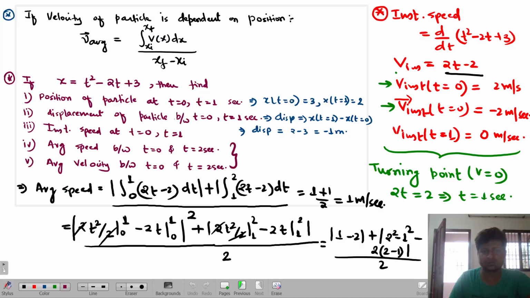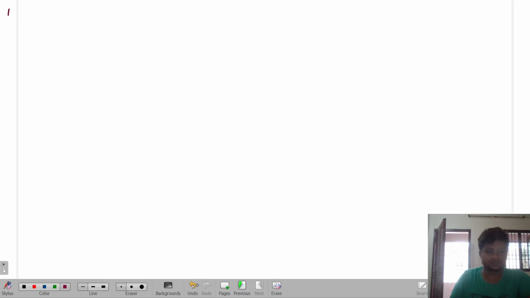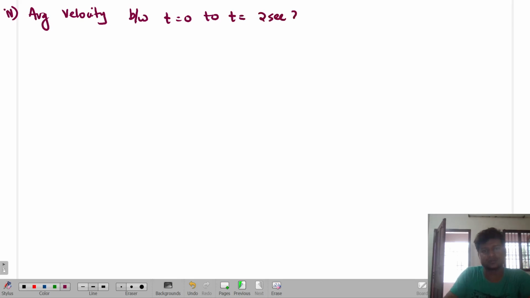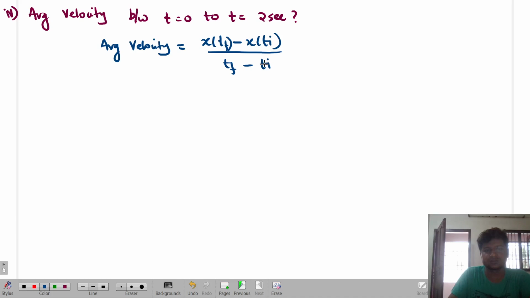So then simply, what was the last question? Average velocity between t is equal to 0 to t is equal to 2 seconds. As I know, the average velocity formula is x at t final minus x at t initial divided by t final minus t initial.